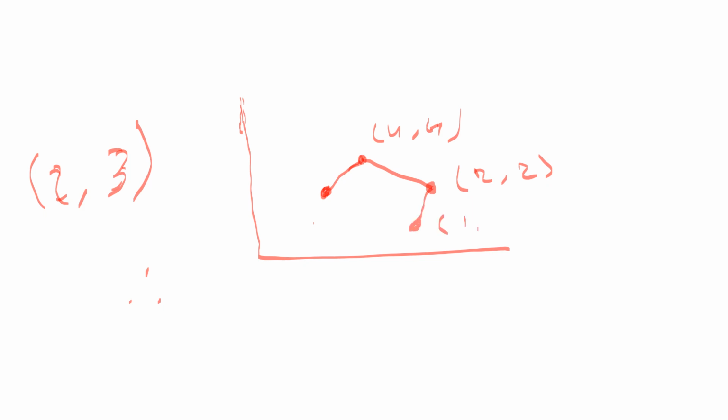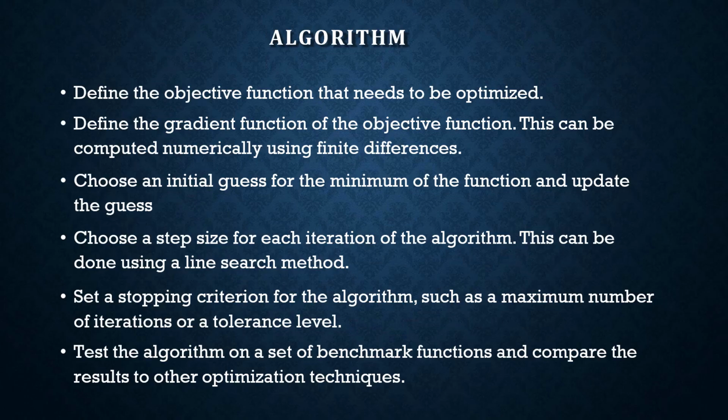This is (1, 2). Assume that this is the minimum value, so we got the answer. Like this, from every point we will have some directions. So in each iteration we will find the gradient and step size. This is the total formula.